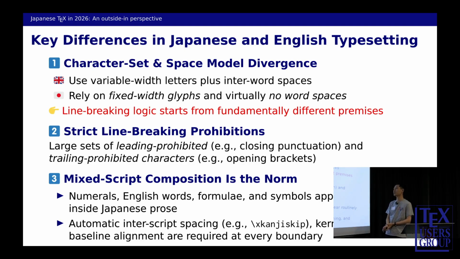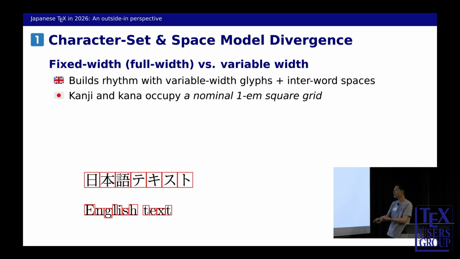So we also include some numbers or English words, and other things from foreign culture. So it naturally becomes a mixed script composition, which makes the situation a bit different compared to English text. Talking about the first large group, the character set and space modeling divergence.